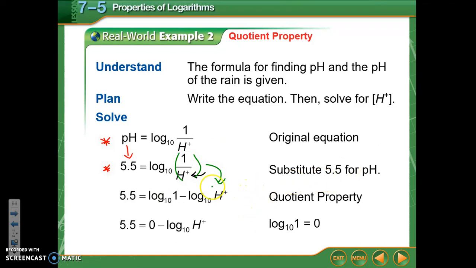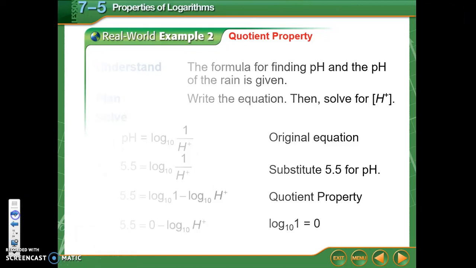Why? Because if I try to evaluate log base 10 of 1 equals what? I'm asking myself, remember if we write it in exponential form, 10 to the what equals 1. Well, what exponent gives me a result of 1? The exponent of 0. So log base 10 of 1 is equal to 0.